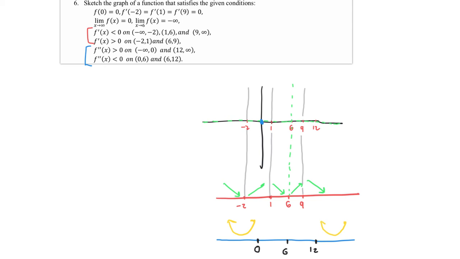And it's also apparently, according to the bottom part, concave down in the other two intervals. Okay, so sticking with the general principle of connecting this stuff, we'll connect that. I'm going to extend the asymptote down here.